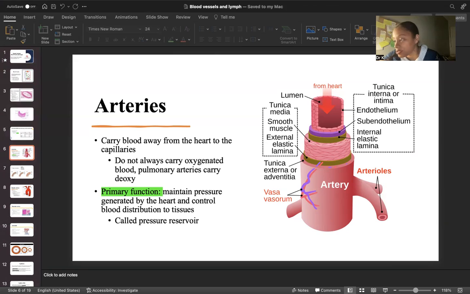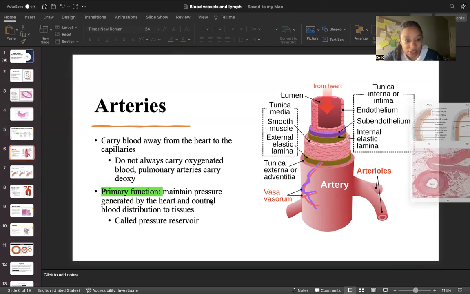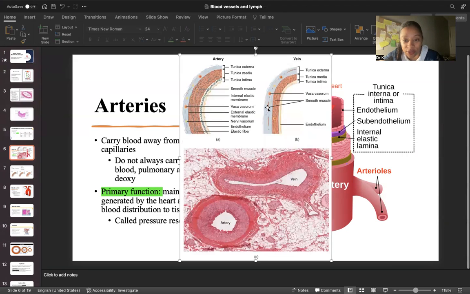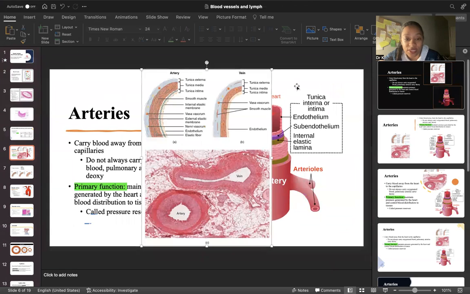So let me just drag this picture here so you know what I'm talking about. Can you see this? Yeah, I can see it. So here you can see this is your artery, right? And then your vein, right? And you can see that your veins are much thinner, right? And why is that? Because that middle area, the tunica media, is not as thick, right?